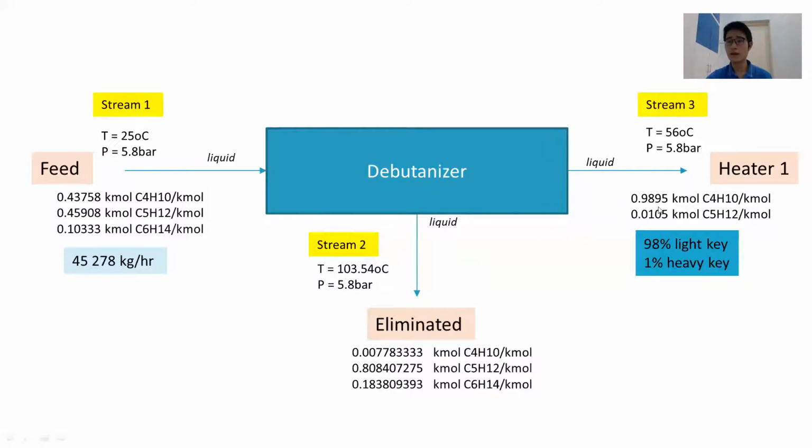So the pentane will become the light key. Therefore, it will appear less in the distillate and more in the bottom part of the distillation column. The distillate will consist of a bit of the pentane and the butane, and other components which will be eliminated out.